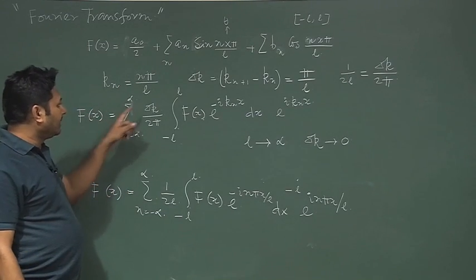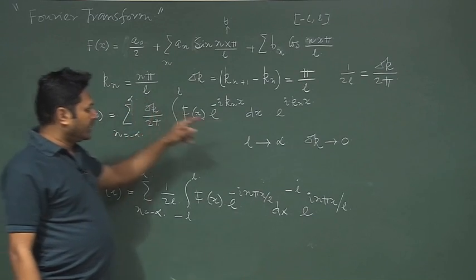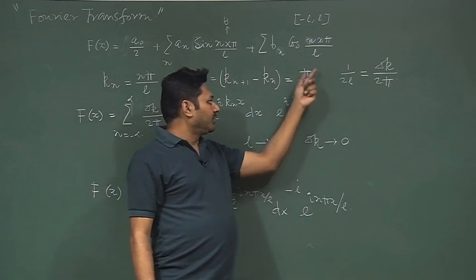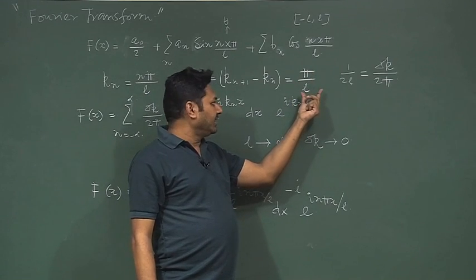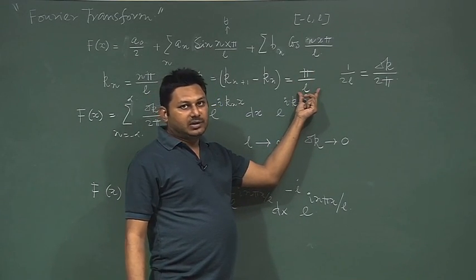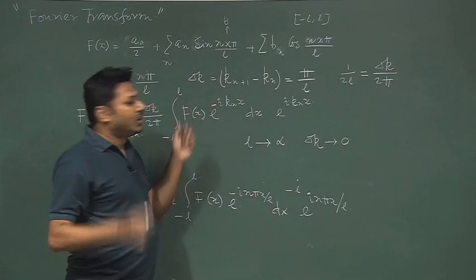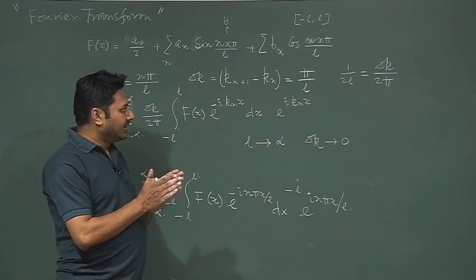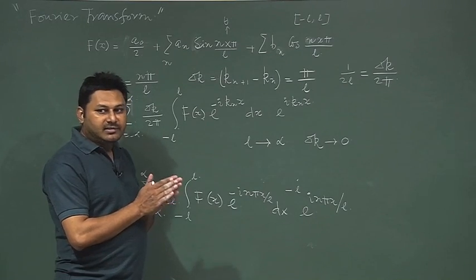My small delta k, the difference between these two, is pi by L, and now I extend L to infinity, that means a huge distance, so that all the small segments of k, delta k, which depend on n, become 0.